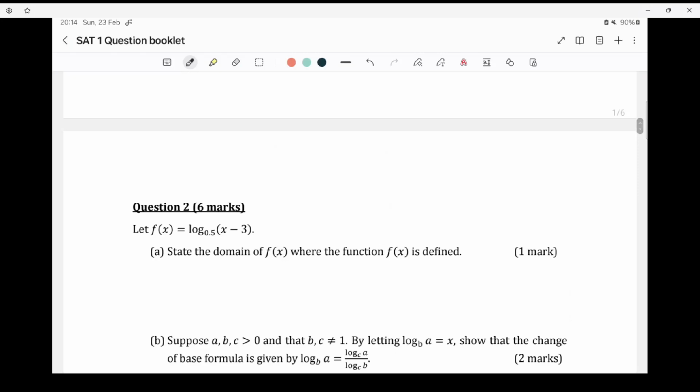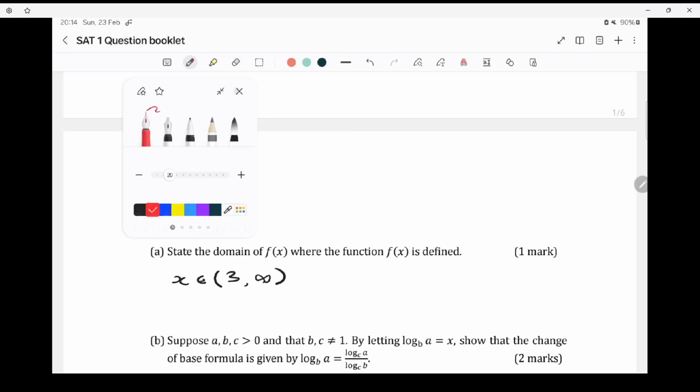Question 2. Let f(x) be log base 0.5 of (x minus 3). State the domain of f(x) where the function is defined. So the domain of f(x) will be from 3 to infinity.